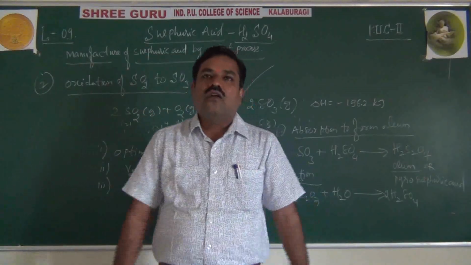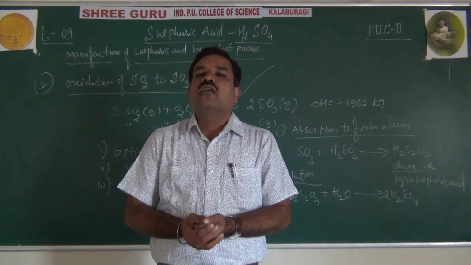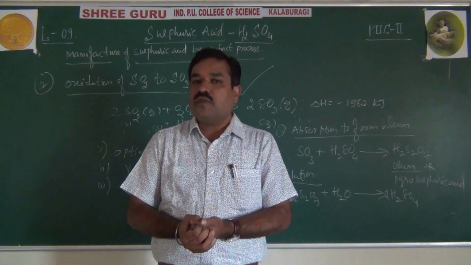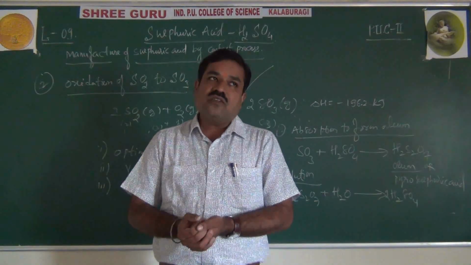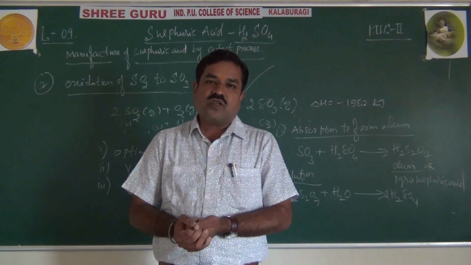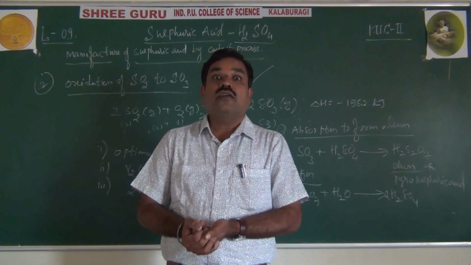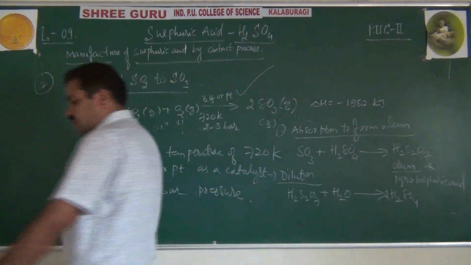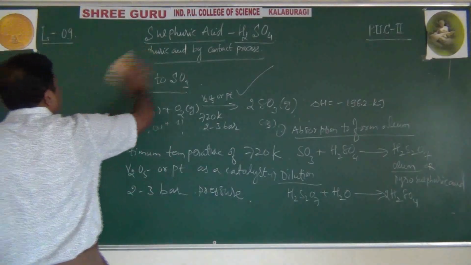This is about the contact process, which is a very, very important part of the 16th group, just as in the 15th group, ammonia by Haber's process and nitric acid by Ostwald process. Actually it was a compulsory question, but due to COVID it has been deleted from your syllabus, only theory, not needed. I am repeating. This is completion of manufacture of sulfuric acid by the contact process.